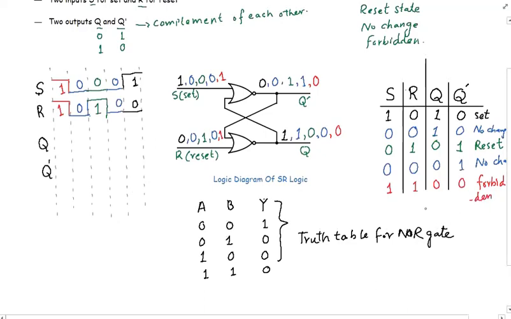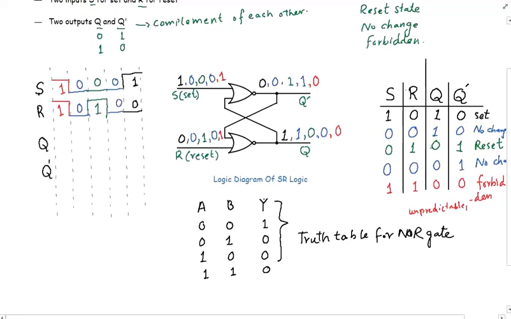It is also called unpredictable or metastable. This condition is avoided. Keep in mind, do not apply a high input at both inputs of the SR latch, because we don't know what will be the next state of the SR latch. With this input, the stability of the SR latch gets disturbed, so we must avoid this state.